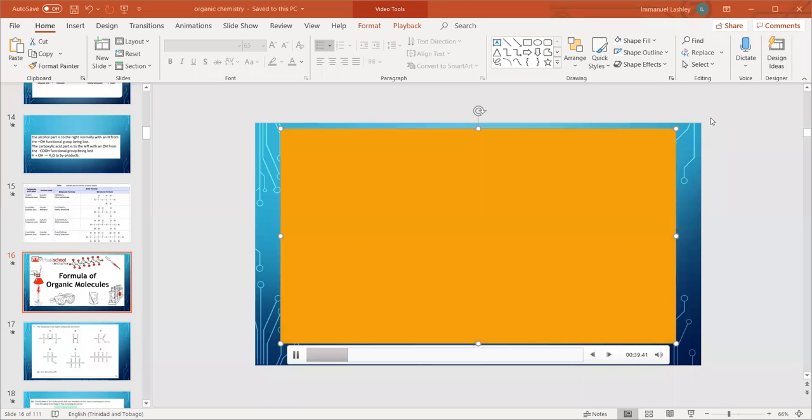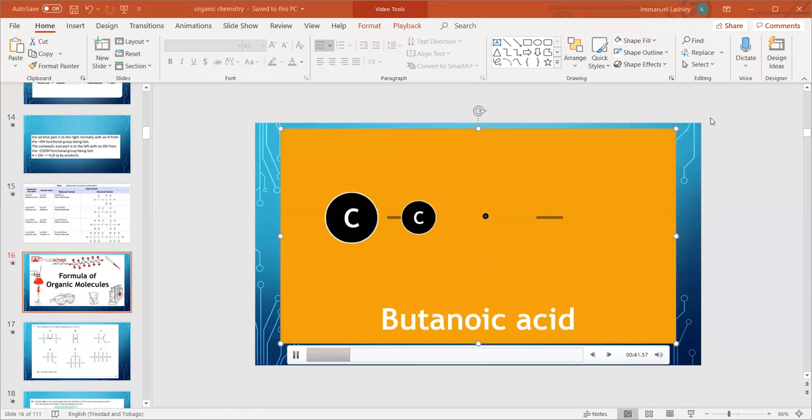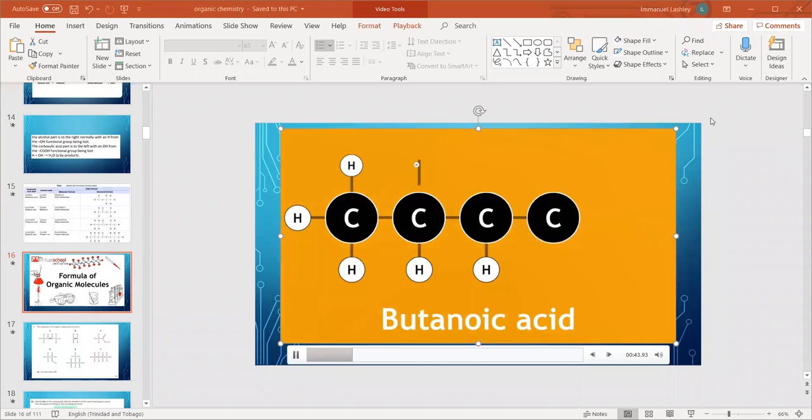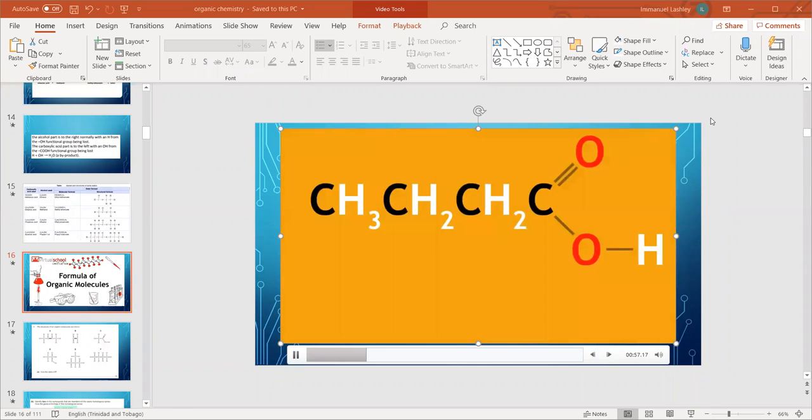For example, here is butanoic acid in its displayed formula. Since this is a common molecule, and as chemists we are clear with the bonding arrangement of the carboxylic acid functional group, we also use structural formula to represent organic molecules. Here is the structural formula. As you can see, the covalent bond between the OH is not showing, as we know this arrangement anyway. In fact, we could simplify this further and remove all the displayed bonds like this.